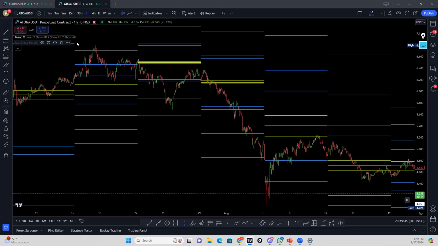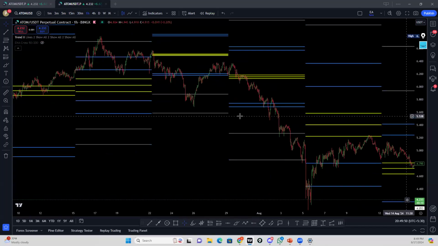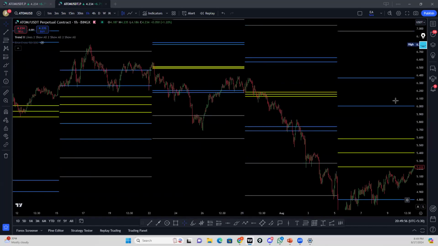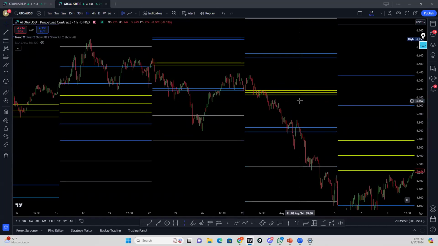So how to use trend X? See, this is a weekly chart, correct? As soon as we see a weekly narrow or super narrow, we'll start finding trades in a particular token. I'll show you at the end where you will get those weekly super narrows.